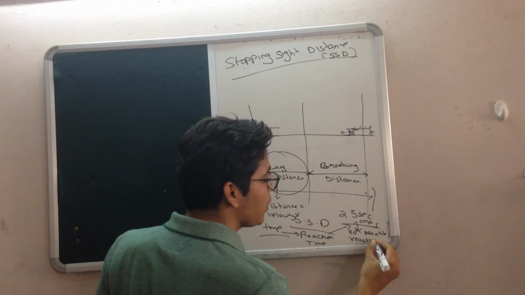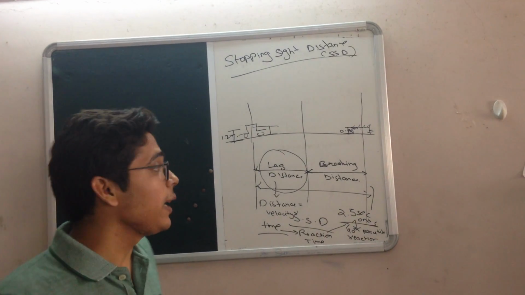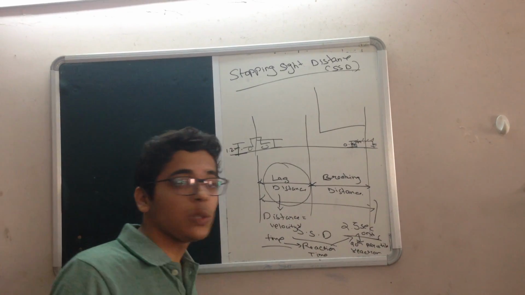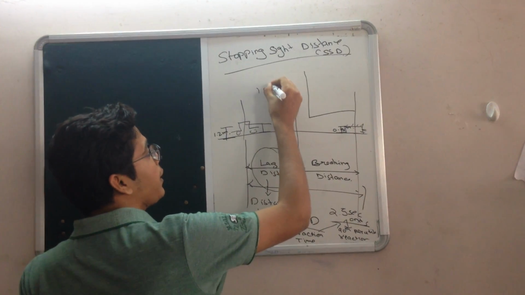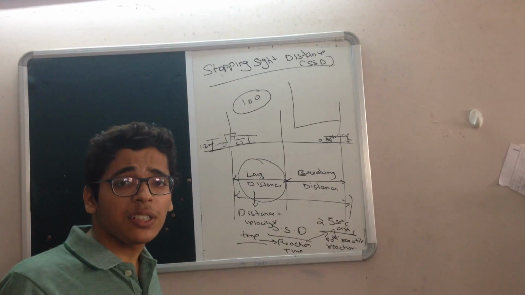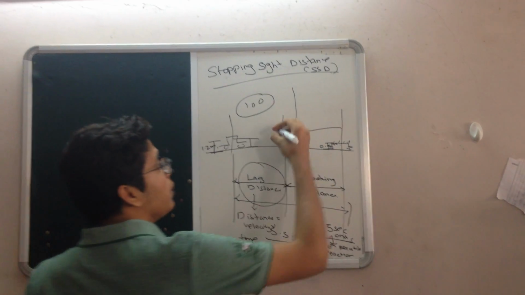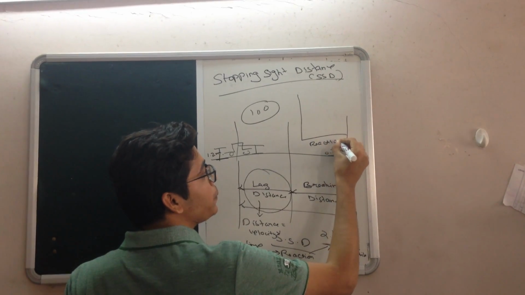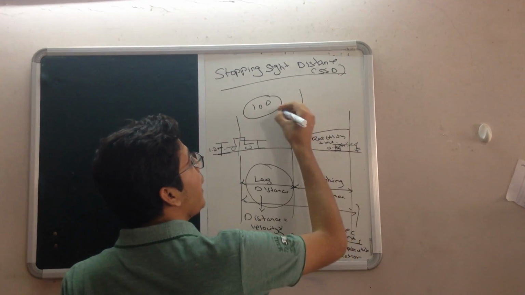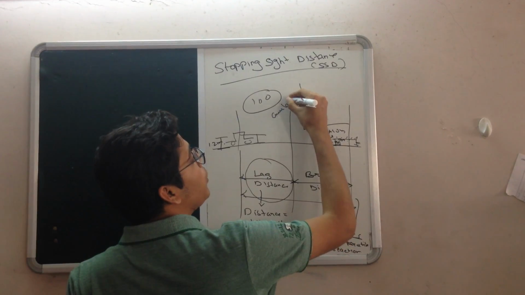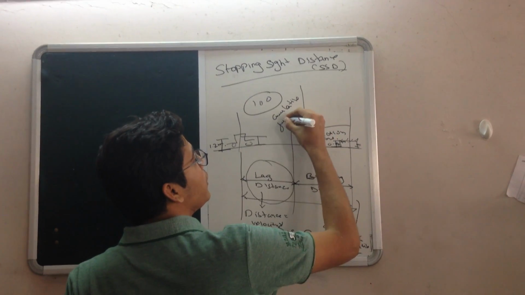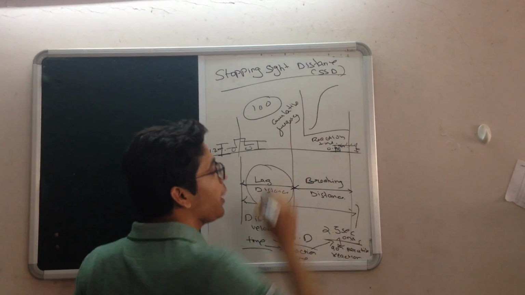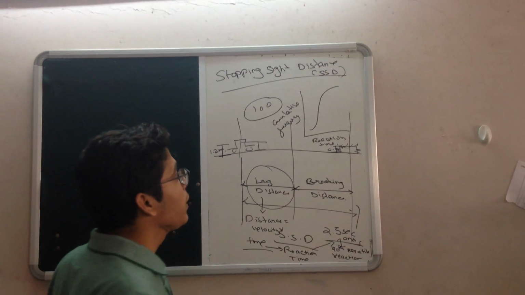Now what is 90th percentile reaction time? If you carry out a survey for various people, for example consider 100 people, and you find the reaction time for each individual. Now when you plot a graph between the reaction time and cumulative frequency, you will get a certain type of graph, right?